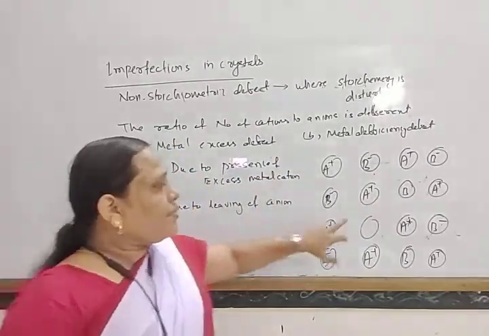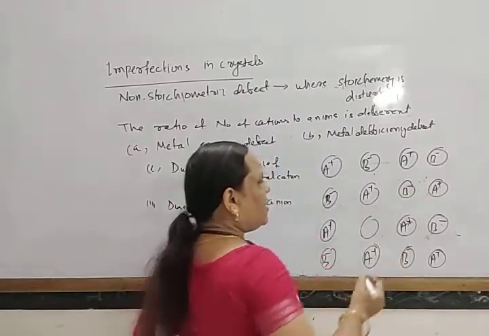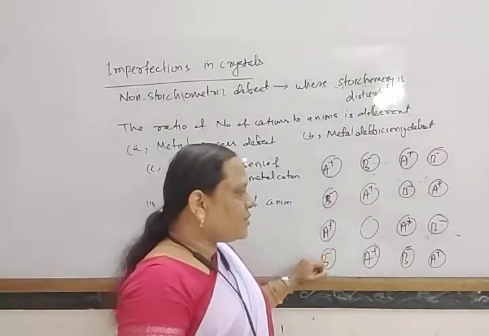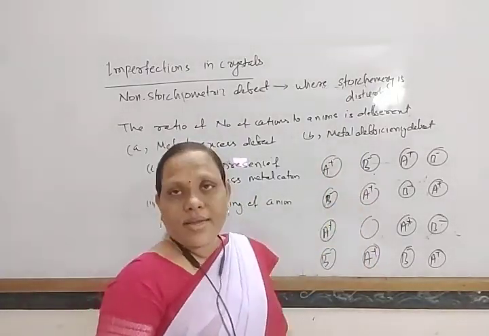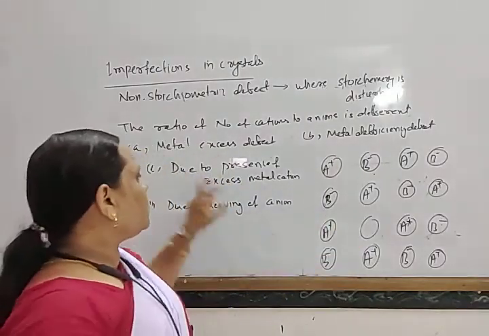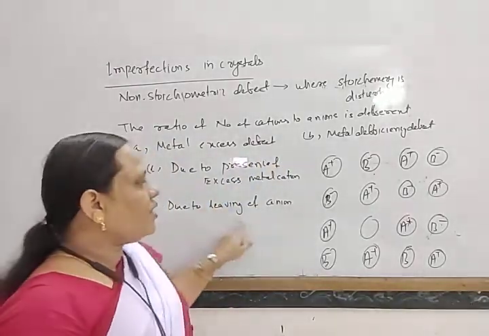Then the ratio of cations and anions becomes different, and the cations are more in number than the anions. So the ratio of cation to anion changes, and that type of defect is also known as metal excess defect, due to leaving of anions.